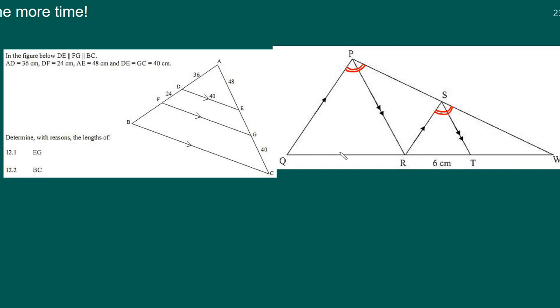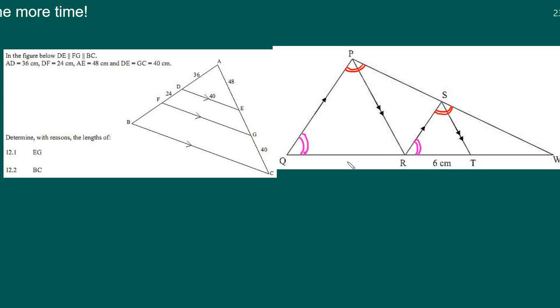TRS and RQP. Those are your other corresponding angles. There are also alternating angles, guys. In fact, there are a lot of angles there.